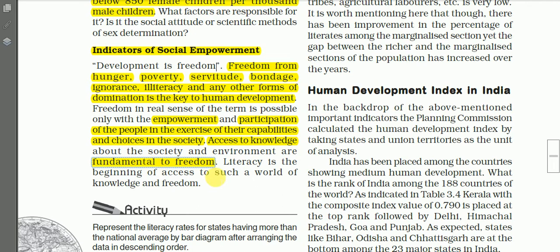Only after that will there be empowerment. So this access to knowledge about society and environment is fundamental to freedom.